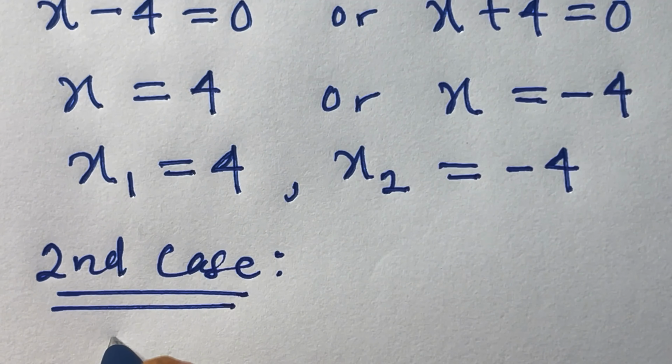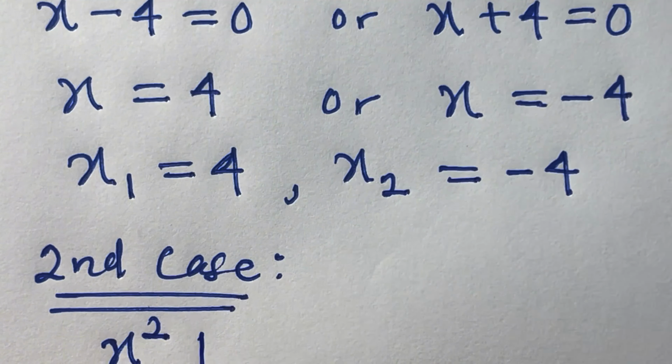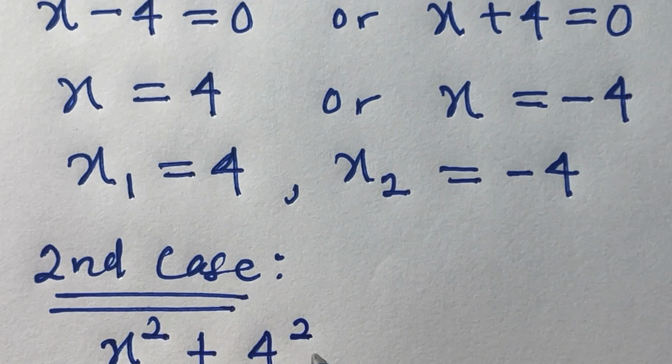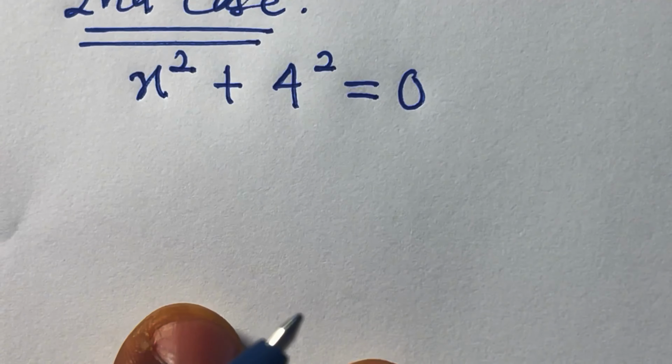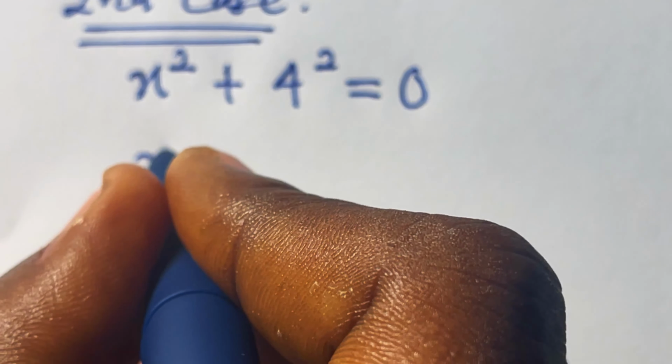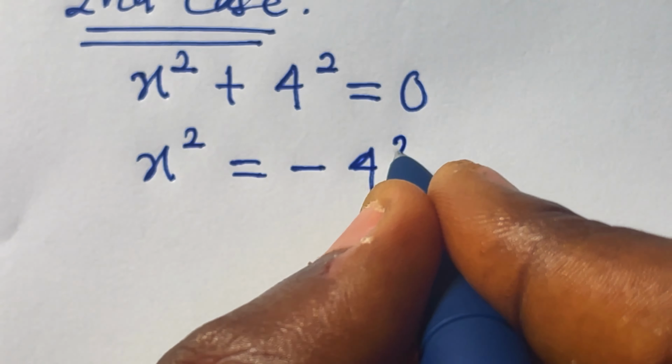What we are going to do is transfer this to the other side. So we have x squared equals minus 4 squared.